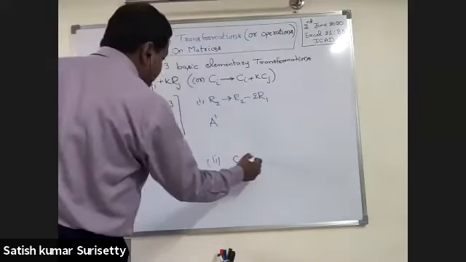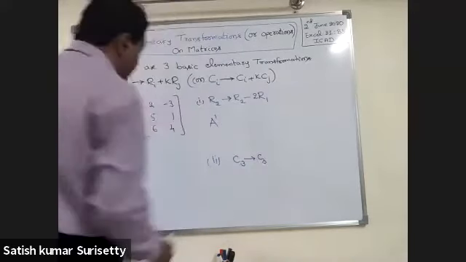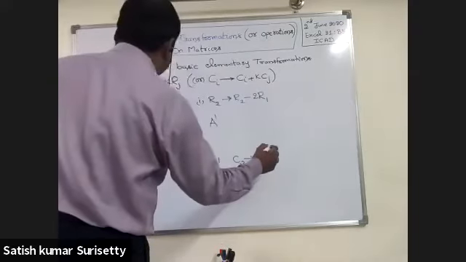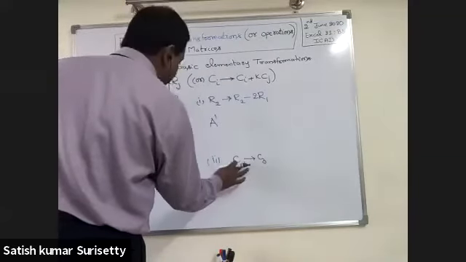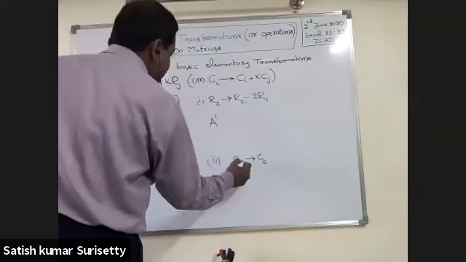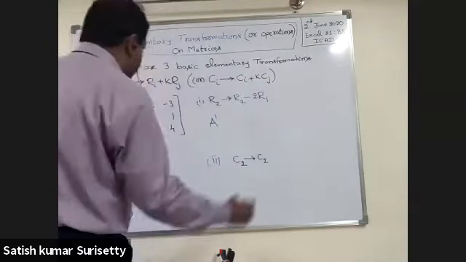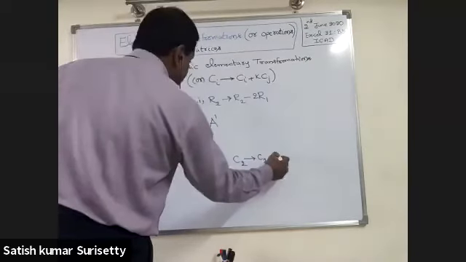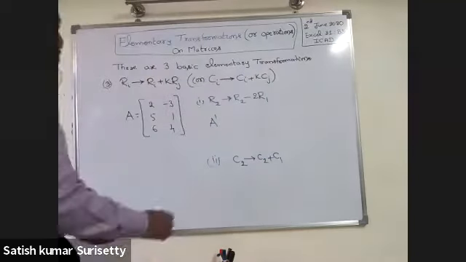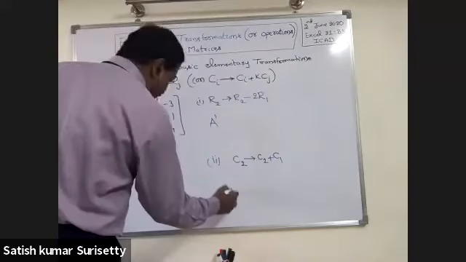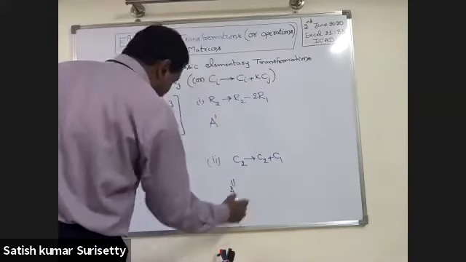C3 to C3, no, there is no C3. So C2 to C2 plus C1 on the matrix A and write the new matrix A double dash.